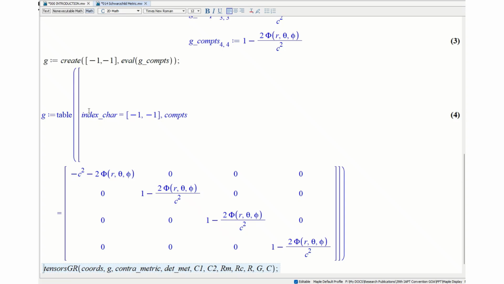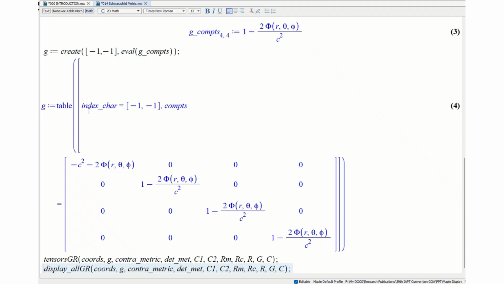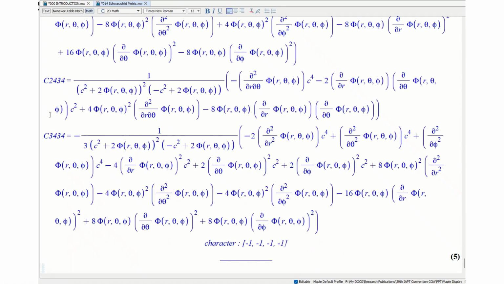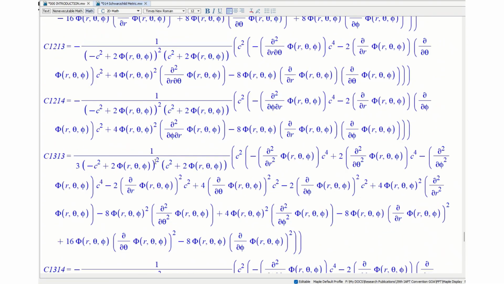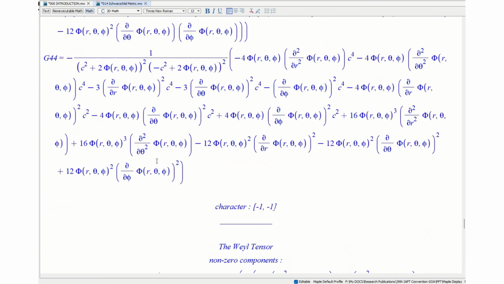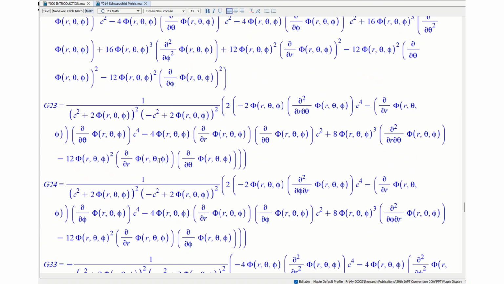Now the last command: gr tensors, gr coordinates, g, contravariant matrix, determinant, C1, C2, that is Christoffel symbols representation, type 1, type 2, Riemann matrix, Ricci tensor, the scalar curvature, and the matrix we can call for display. It will offer us a wonderful expression which one has to understand by rolling through the solution obtained.